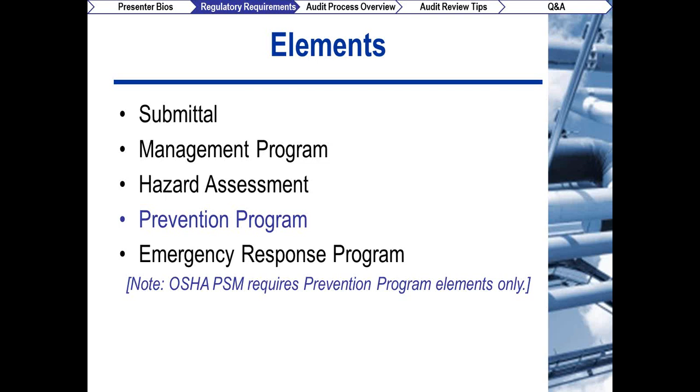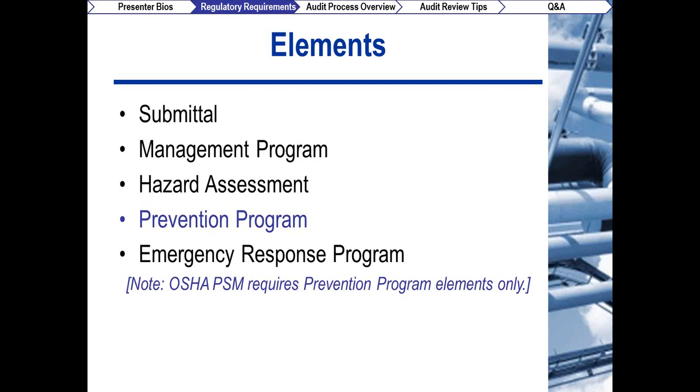Each of these regulatory programs has its various elements. First, for the submittal phase, if you're covered under the CalARP program, you're required to submit to your local administering agency. If you're covered under EPA's RMP program, then submittal to EPA's RMP CDX database may also be needed. Management program, you're required to do some management of your programs to document that you're managing the roles and responsibilities of those programs.